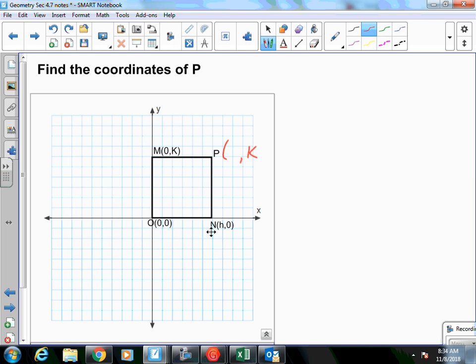And so the X coordinate for N is H. So that's what we're going to put down as the X coordinate for P. So that's all there is to that. But it throws people off every time because they see letters there instead of numbers. Right, so that finishes the notes, I believe.